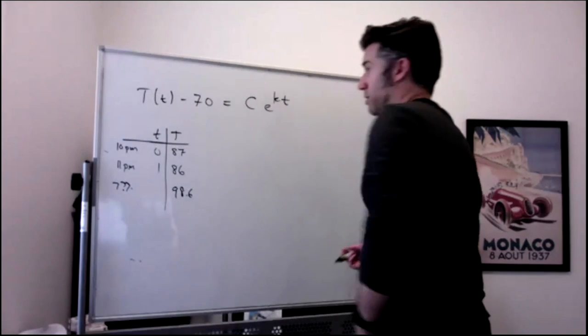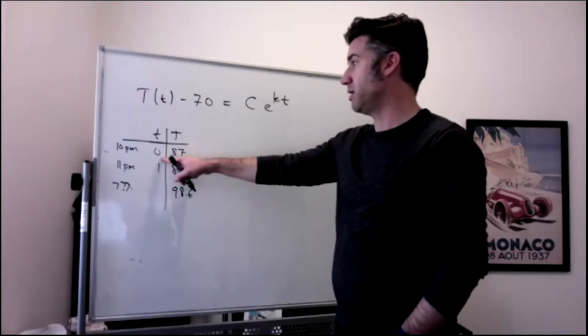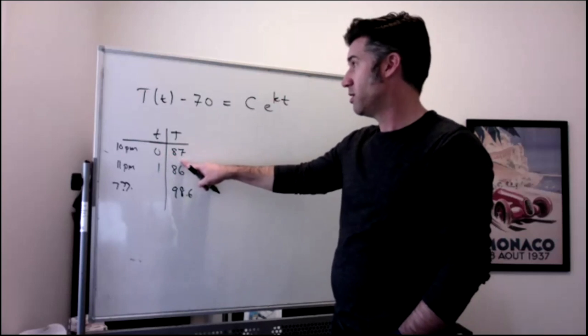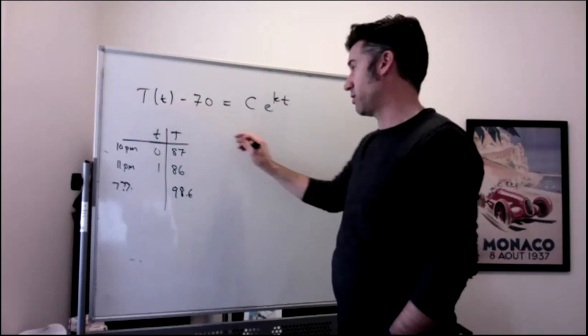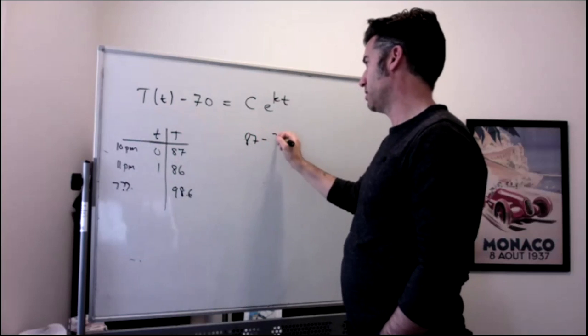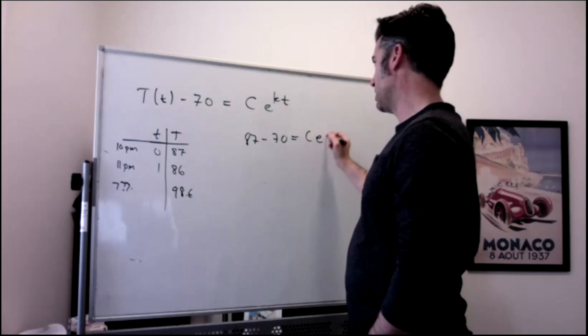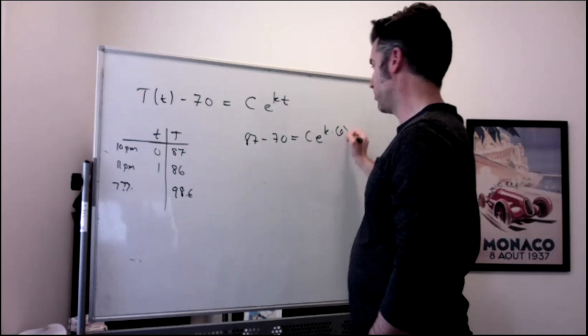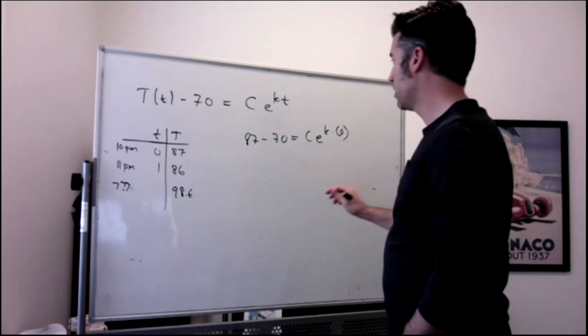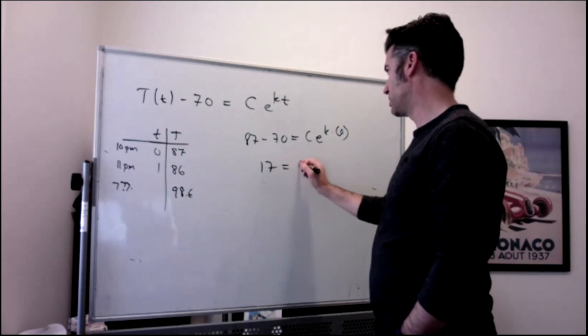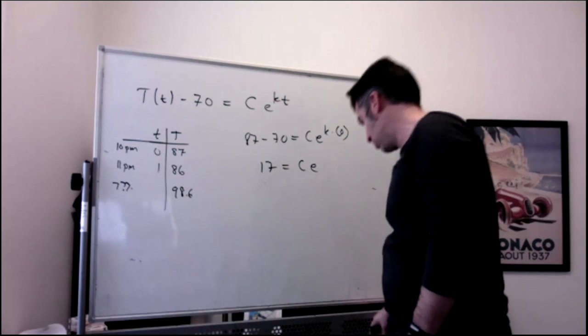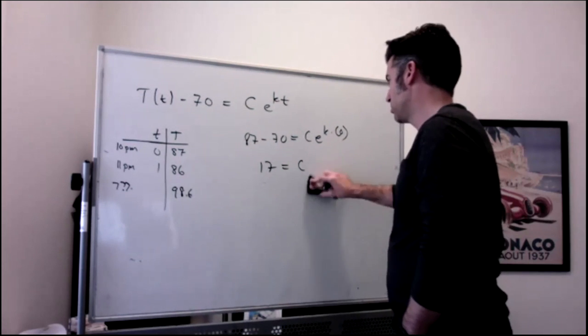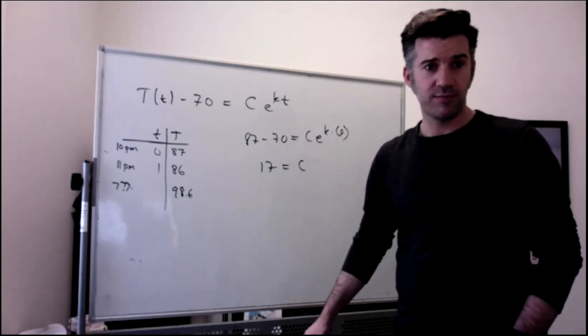Okay, so I'm going to plug in 0 for t and 87 for capital T. So T of 0 is 87 degrees, so I get 87 minus 70 equals c e to the k times 0. 17 equals c e to the 0, which is just 1. So 17 is equal to c.